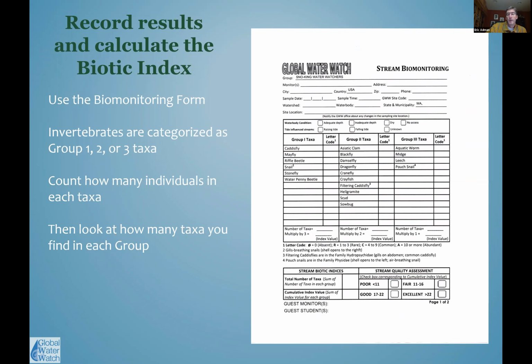So our number of taxa would only be 4. And then when we added those all up, after multiplying them out, we'd have a stream quality of poor. Or if we found a lot of group 1, some group 2, and group 3, we might have a higher number. And so that's how that weighting process will work.